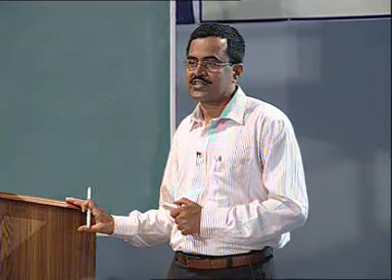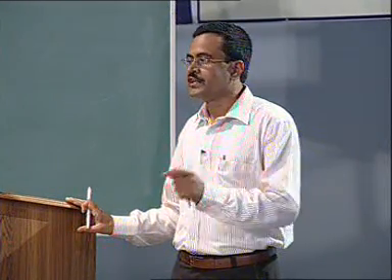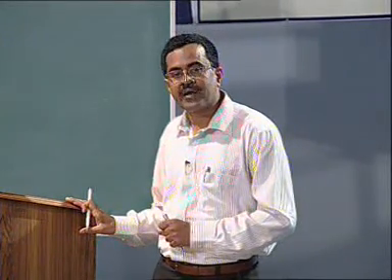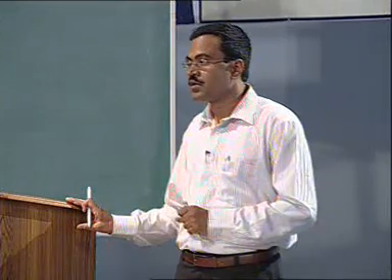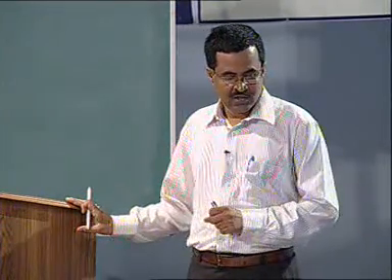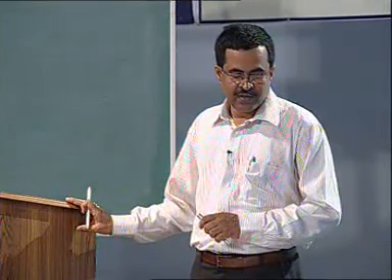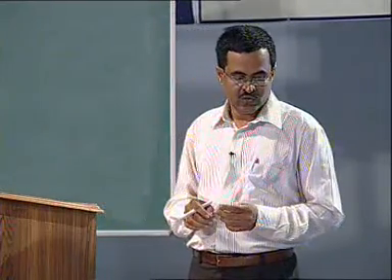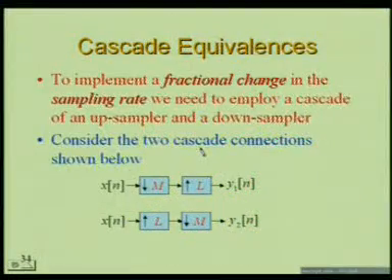No more is the discussion restricted to integers only. We can think of a sampling rate conversion by a fraction. To implement a fractional change in the sampling rate, we need to employ a cascade of an upsampler and a downsampler.